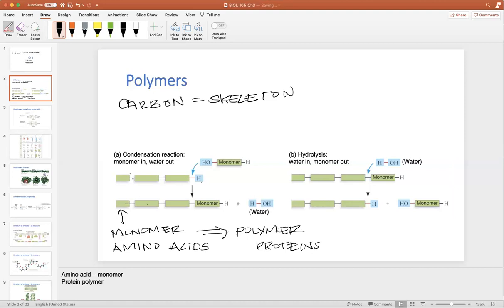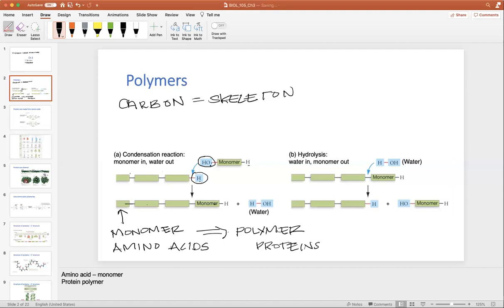Now, just as a refresher, the way that monomers link together to form polymers is because at one end of one monomer, you typically have a hydrogen, and at the other end of the monomer, you have a hydroxyl group. So, hydrogen, hydroxyl group. If this is a hydrogen, there was a hydroxyl group on this end.